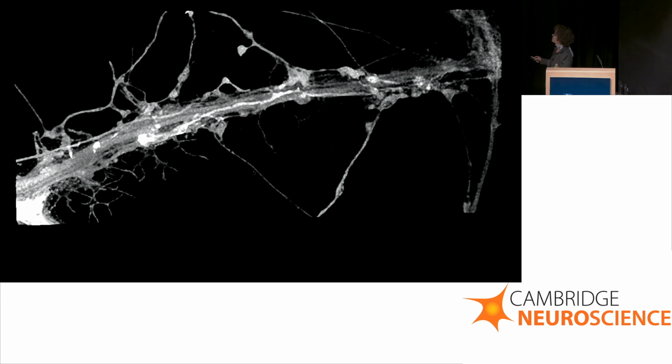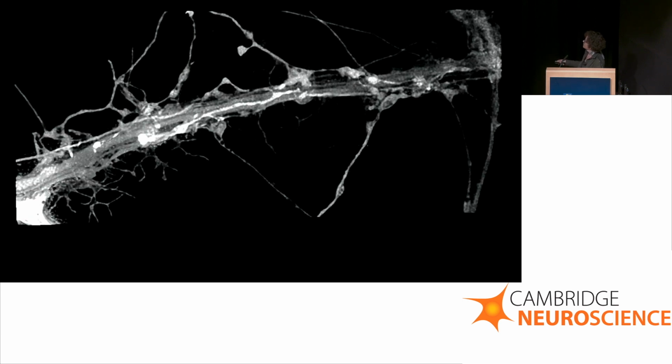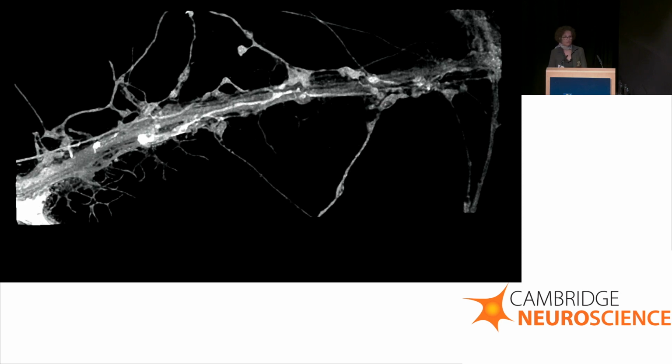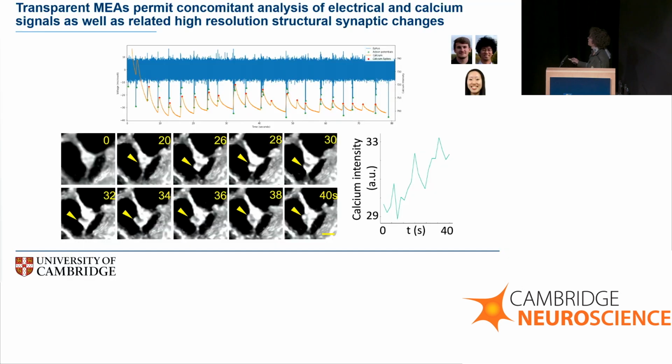But the real advantage is that we can look at these neurons at very high resolution. You can see here how the calcium, for example, is pumped across these neuronal structures, and then you can correlate these signals.